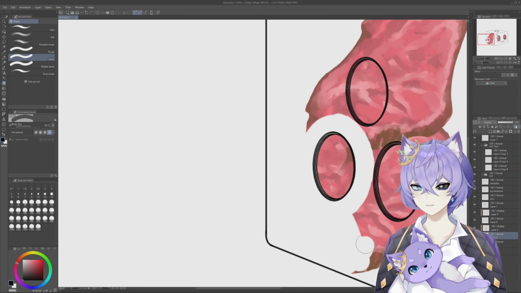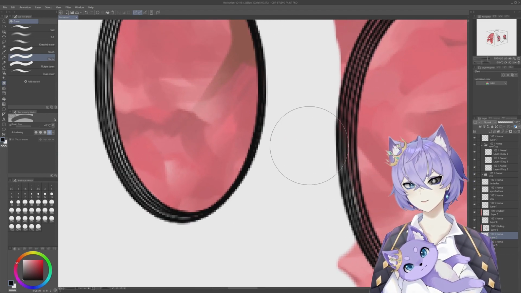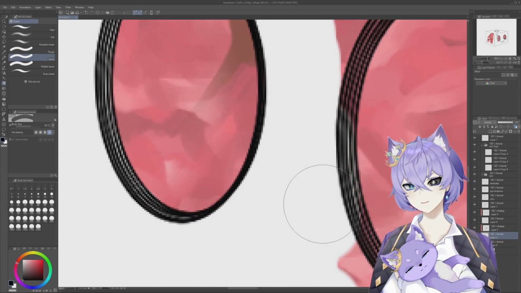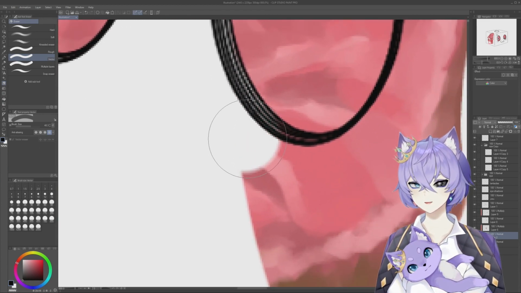Ta-da! The meat holes. Look how nice and bright and shiny they are.